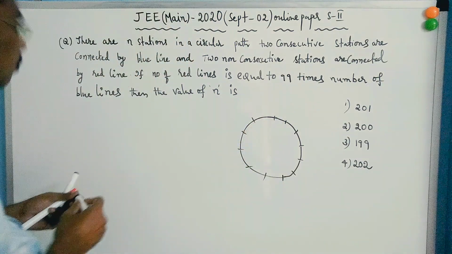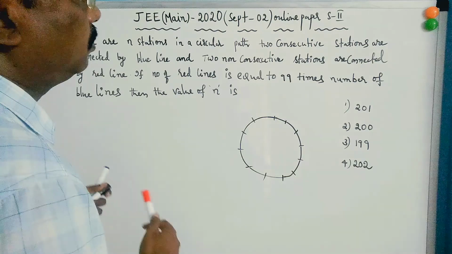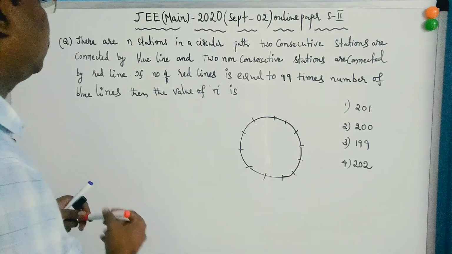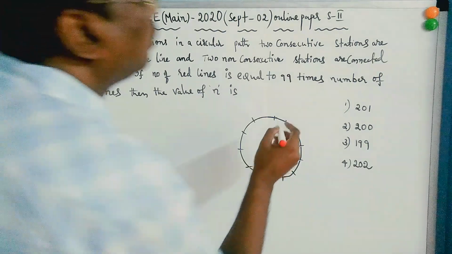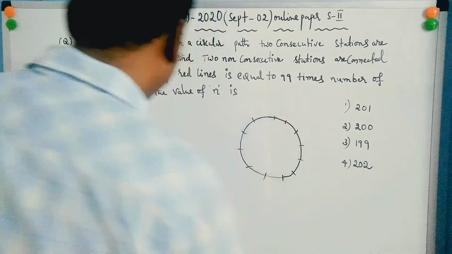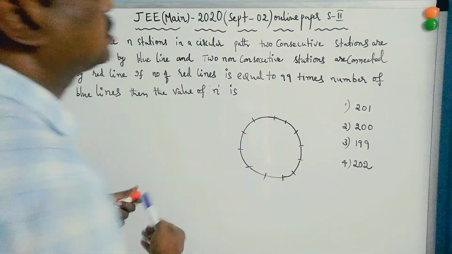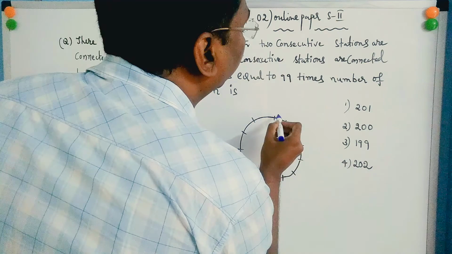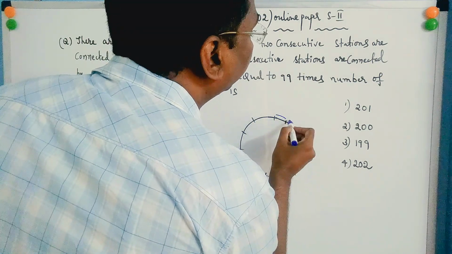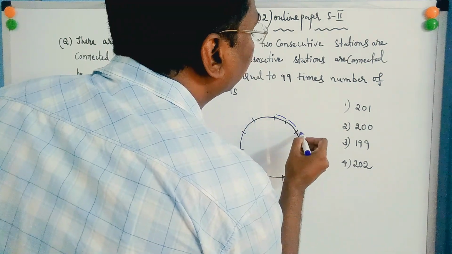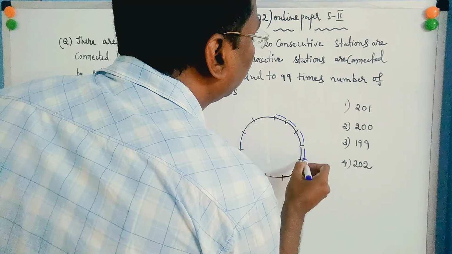Two consecutive stations are connected by a blue line, this one to this one, this one to this one.